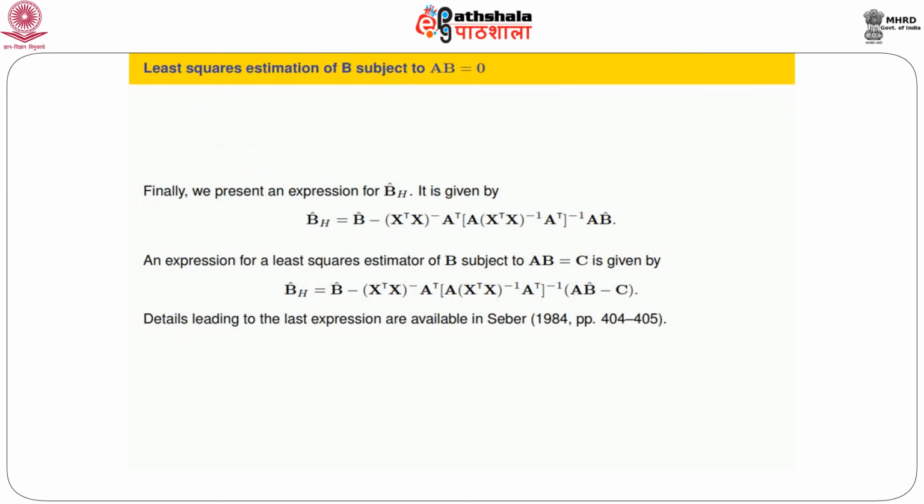Details leading to this expression are available in Sever's book, pages 404 and 405. Let me tell you again that we are very much dependent on and have taken our content from Sever's book.